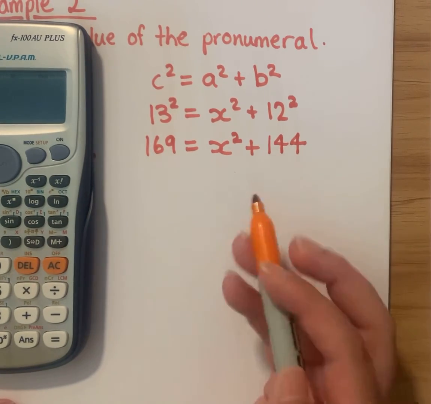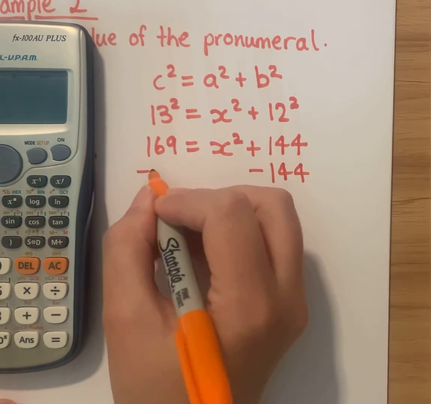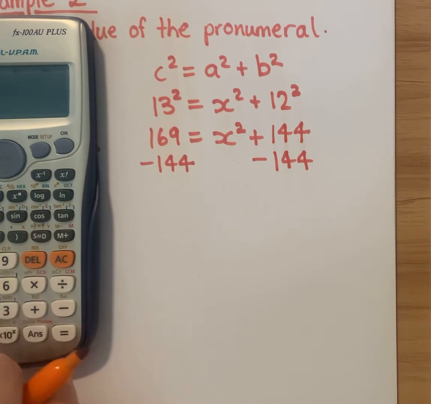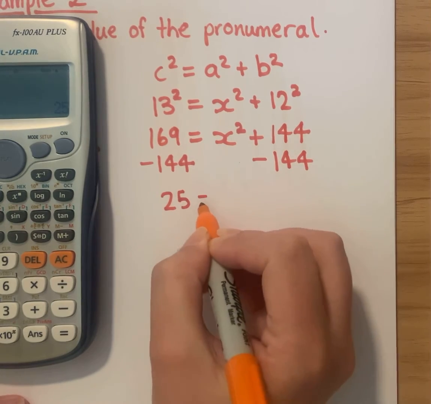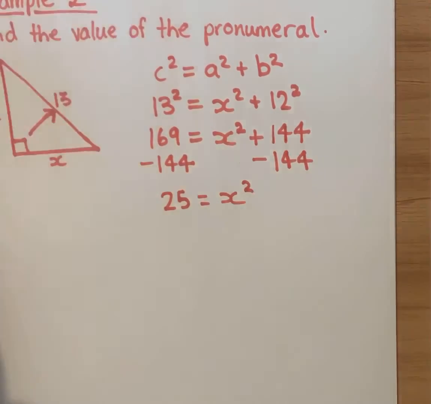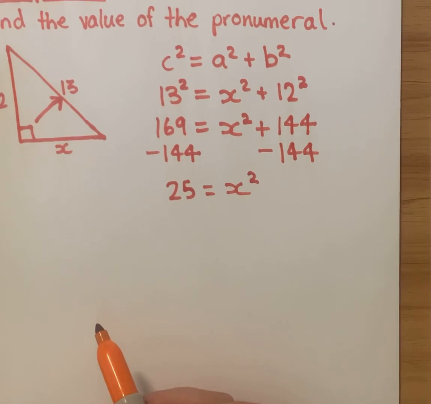If we want to get rid of this 144, we just subtract 144 from both sides. So 169 minus 144 is 25. So 25 equals x squared. We're getting closer to finding x, which is what we needed to do. We needed to find the missing side here.